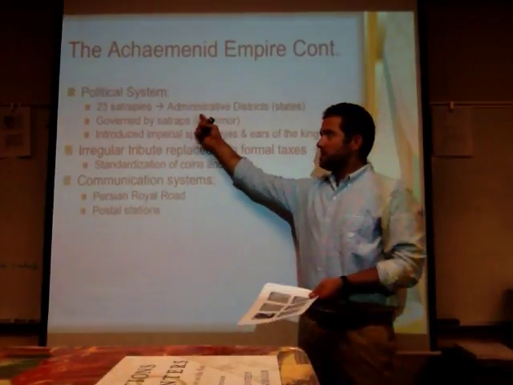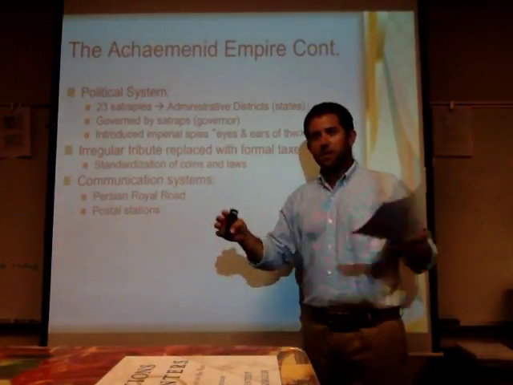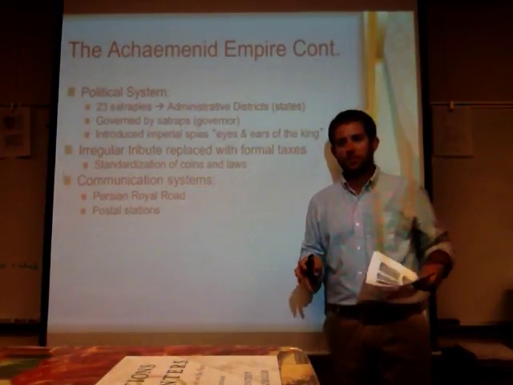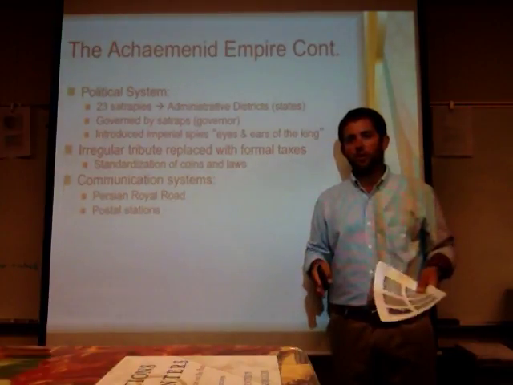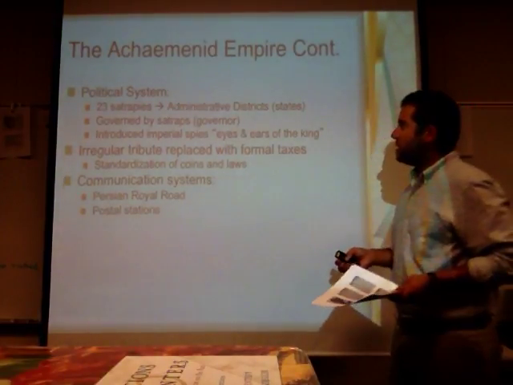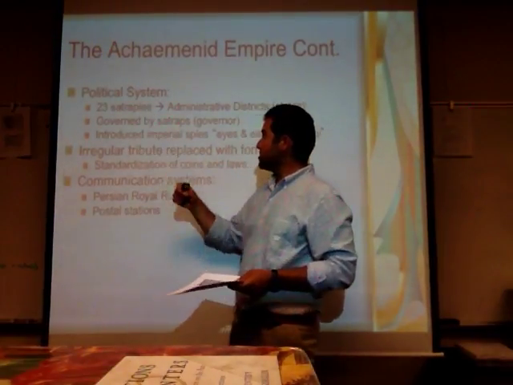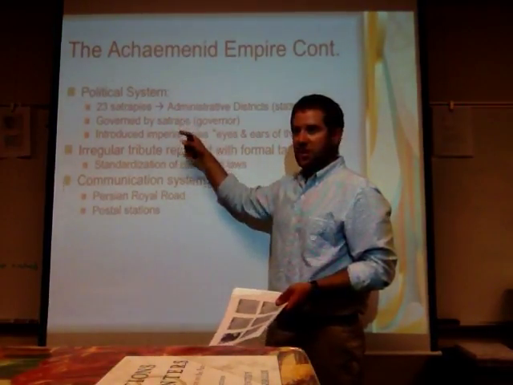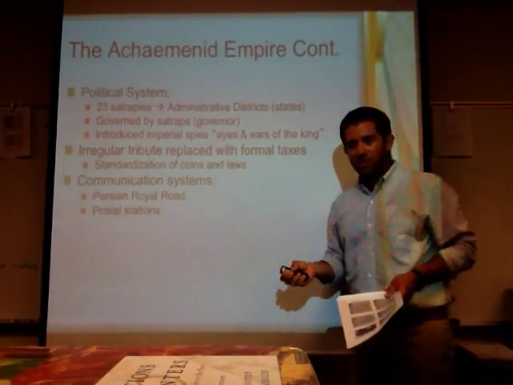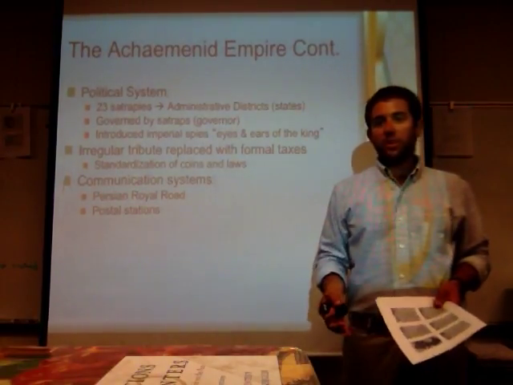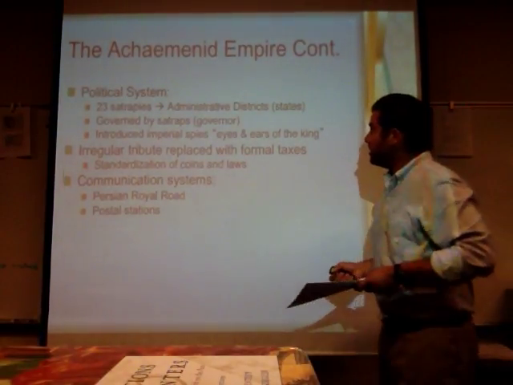First, let's just talk about his political system. So you got this huge empire, all sorts of different people. How do we keep it in order? So we divided into 23 satrapies. A new term, it's a little confusing, especially when we start talking about satraps. But a satrapy is simply a state. It's a region, it's a place, it's a location.